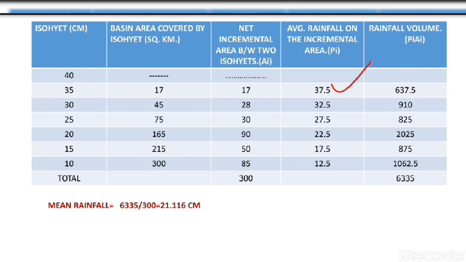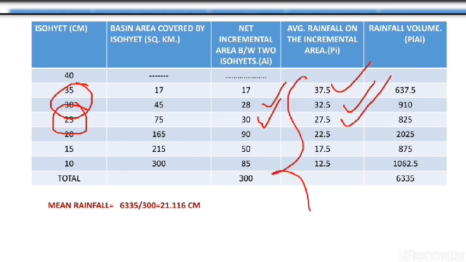Next, corresponding to 28, it will be the average of these two, 35 plus 30, 32.5. Same, corresponding to the area 30, it will be the average of 30 and 25. It will become 27.5.